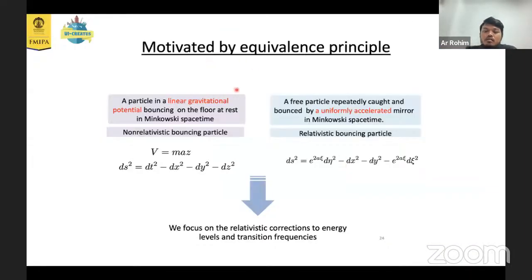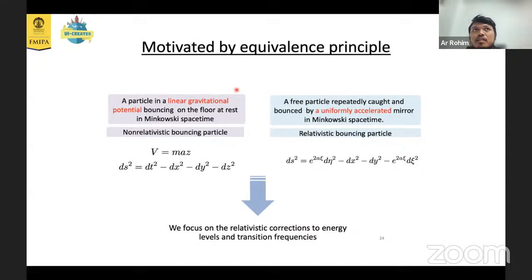Basically, similar to what we discussed last week, when we want to investigate a confined particle under the influence of a gravitational potential, we can add an external linear potential to the Schrodinger equation.